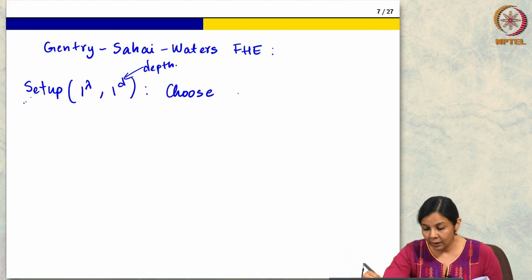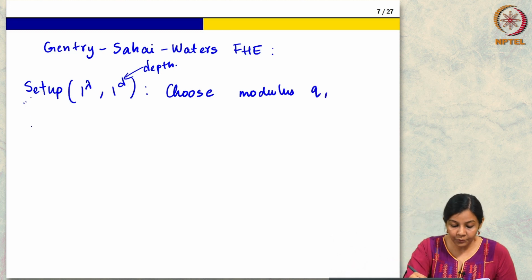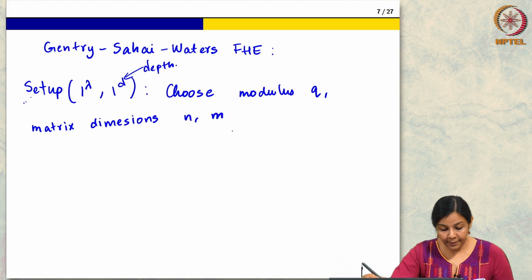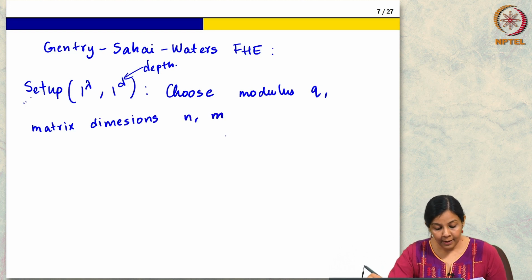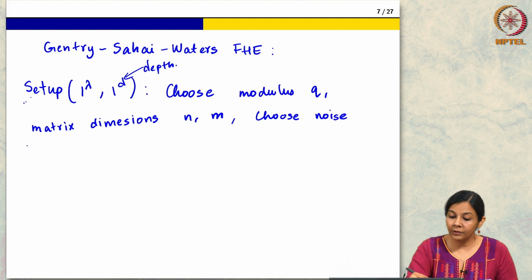It will choose a modulus Q, it will choose matrix dimensions n and m, right. It will choose the noise distribution chi that we are familiar with from LWE.